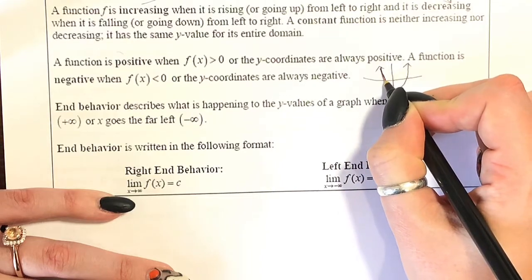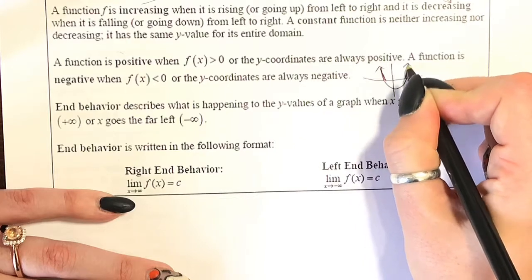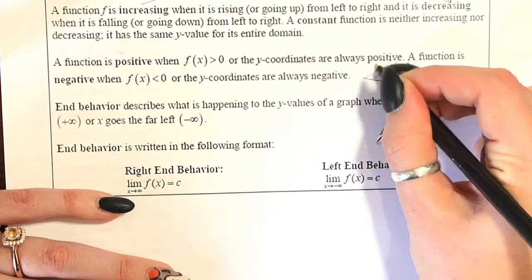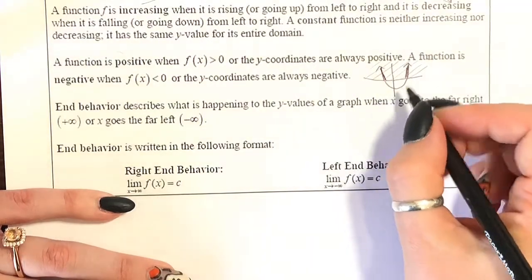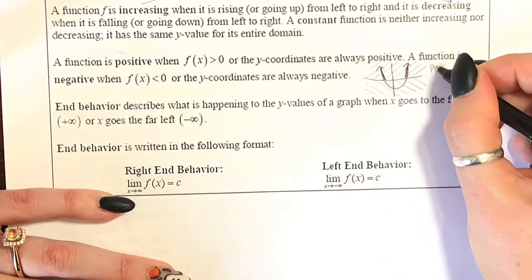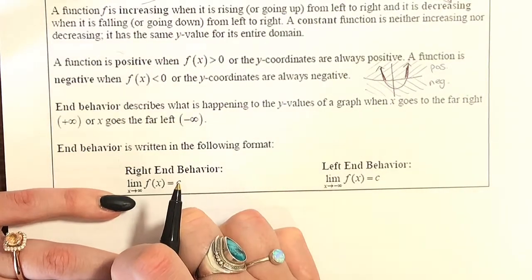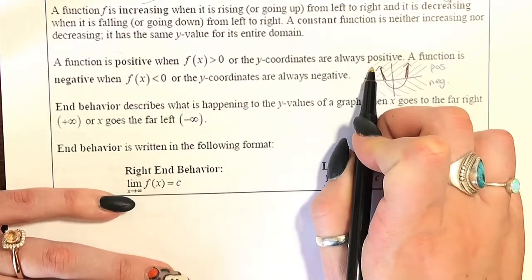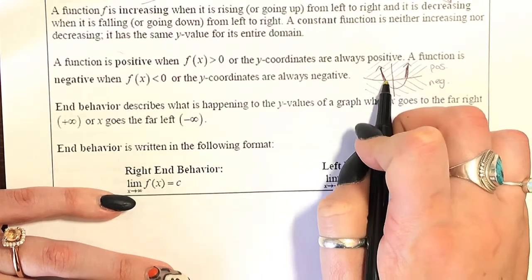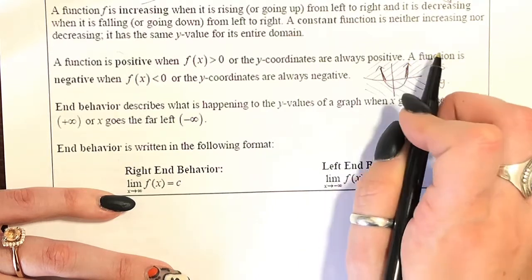But then once it crosses beneath the x-axis, this would be negative, and then this would become positive again. So here's the positive area, I'll just shade it. And then the negative area is when you're below the x-axis. So we'll be writing intervals for that. Like on this one, I would say it's coming from negative infinity, and let's say it's crossing at -1 and 1, then from -1 to 1, it would be negative, and then from 1 to infinity, it's positive.